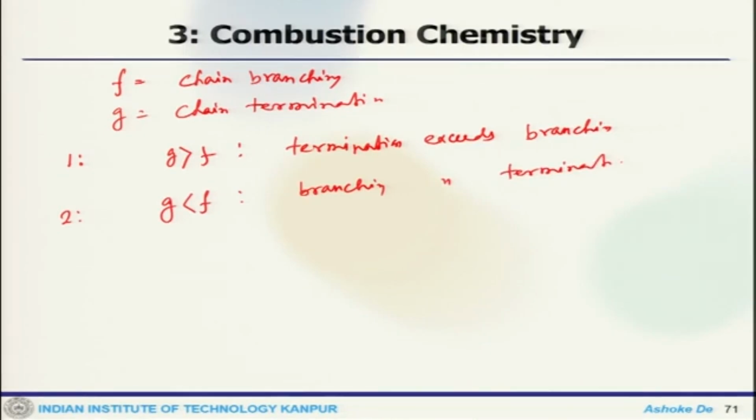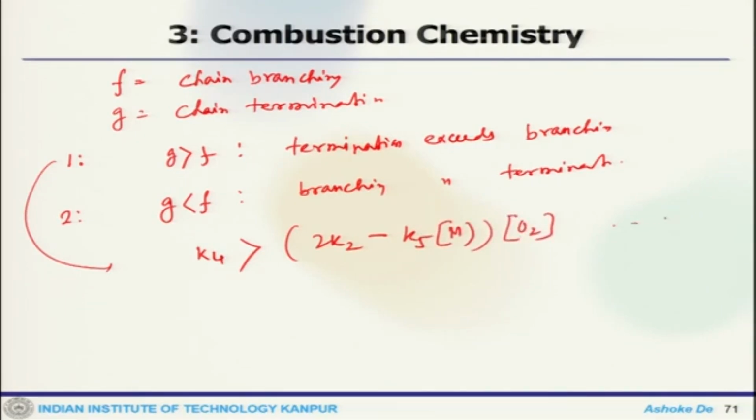So, the solution 1, or possibility 1, implies that K4 is greater than 2 K2 minus K5 M O2. So, G greater than F is assured at sufficiently low O2 pressure.